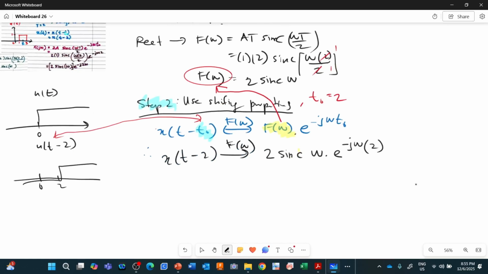Therefore, the final answer for X(omega) is 2 sinc(omega), if you want to separate it so that you don't get confused, times e to the minus 2j omega.